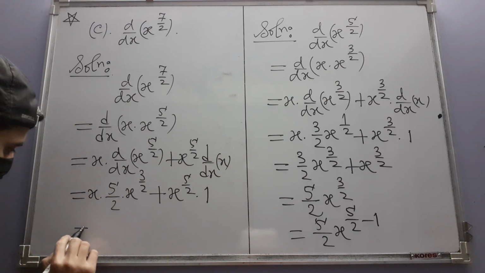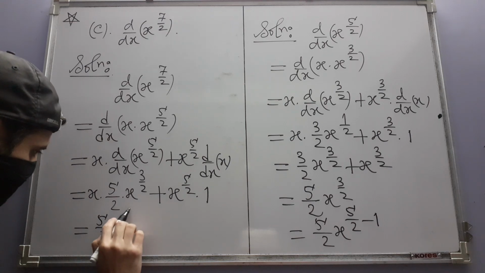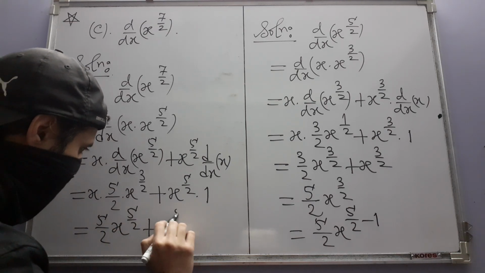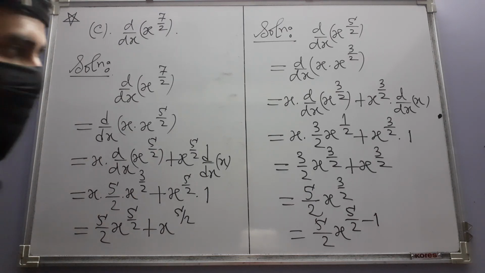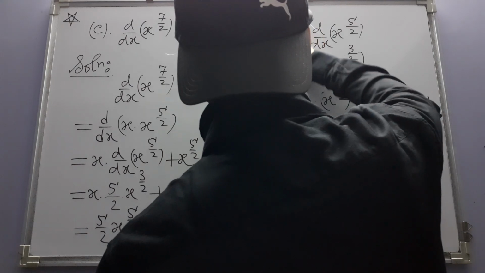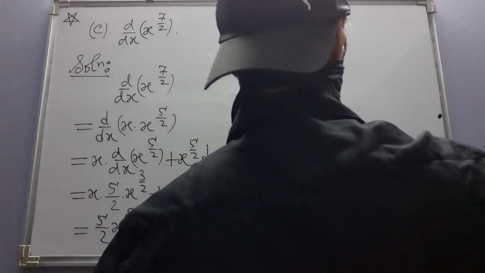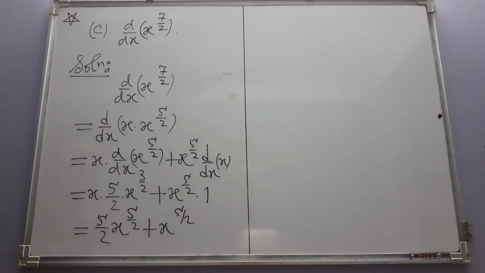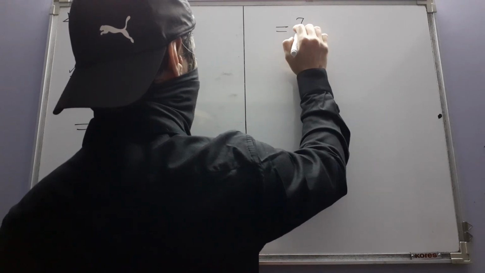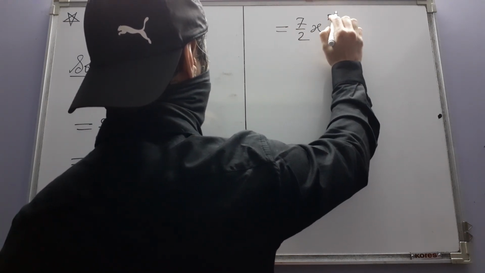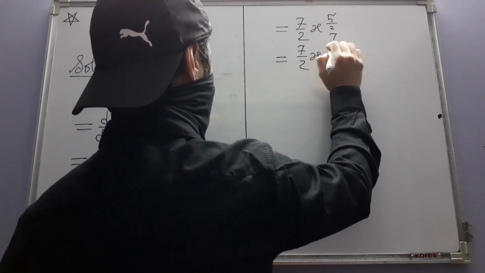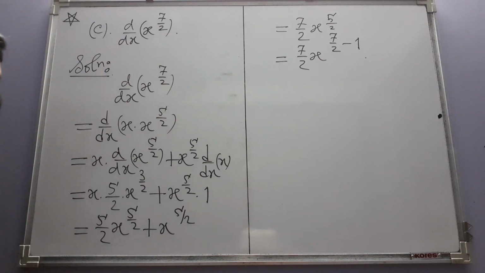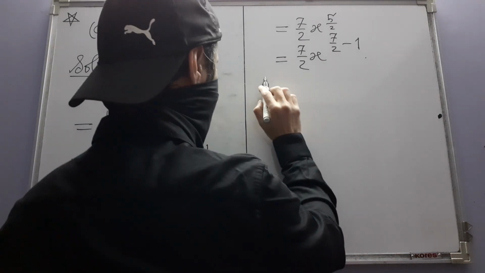These two powers of x together give us x to the power 5 over 2. And just like that calculation, here 5 plus 2 becomes 7. So 7 over 2 times x to the power 5 over 2. And this is just x to the power 7 over 2 minus 1. And then there is a part D also.